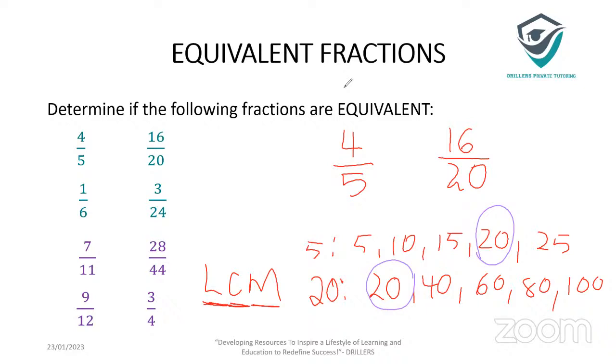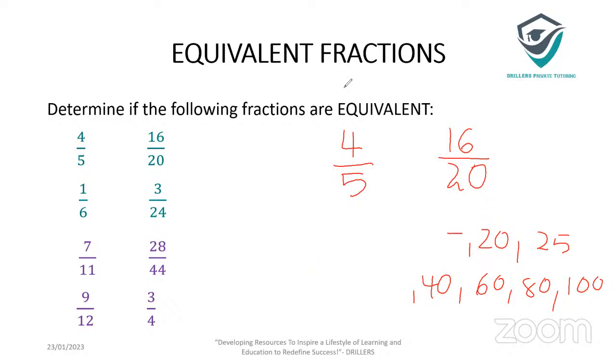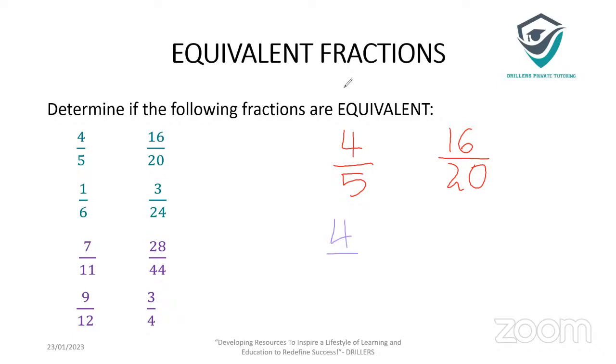In order to turn them into like fractions, 20 is going to be the new denominator. We've looked at the lowest common multiple of both 5 and 20, and we're saying that 20 is going to be the new denominator. So all we have to do now is take that 4/5 and turn it into 20ths.